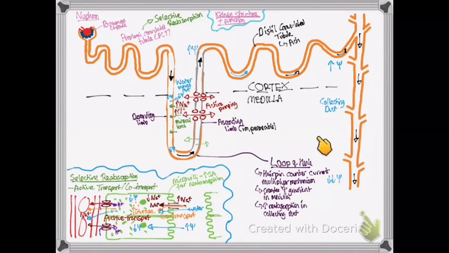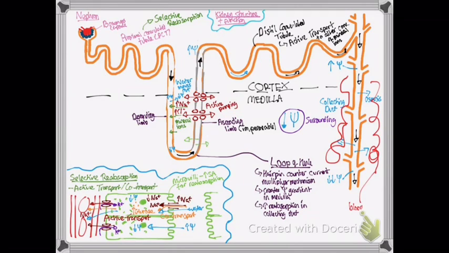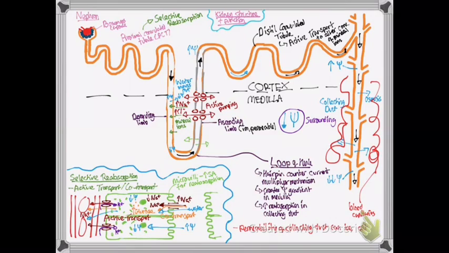Water constantly moves out into the medulla with a very low water potential, and any water that's not reabsorbed, because we've got this surrounding capillary network here, we're surrounded by capillaries. The water is reabsorbed into those capillaries, and then any water that's not reabsorbed then goes into the urine.